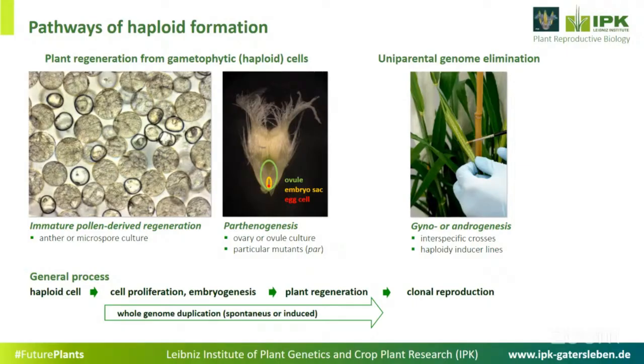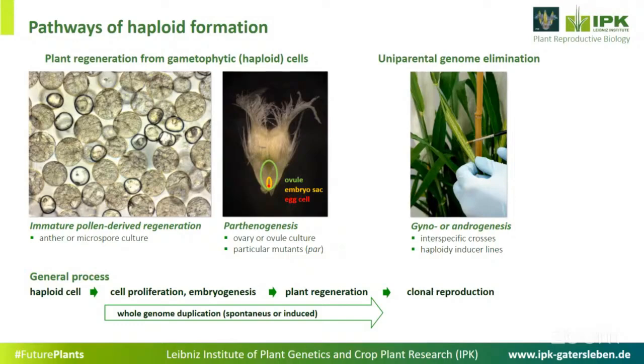But by certain stress treatments or other tricks, some people have managed that. So, once you have cell proliferation, you have a chance that you have totipotent tissue, and this can give rise to plant regeneration.